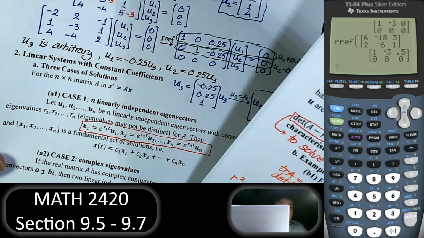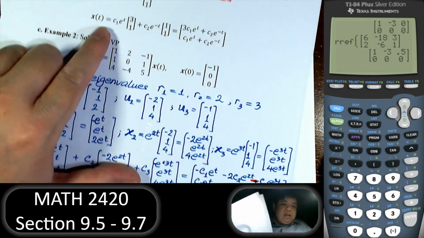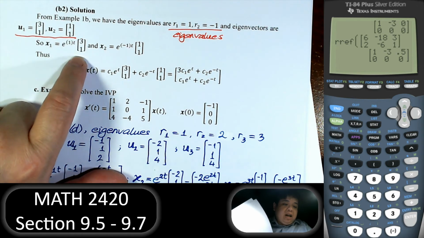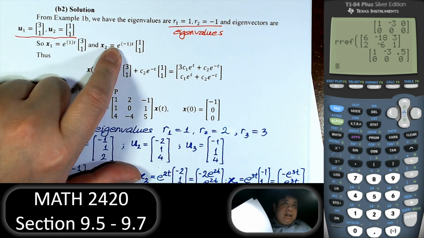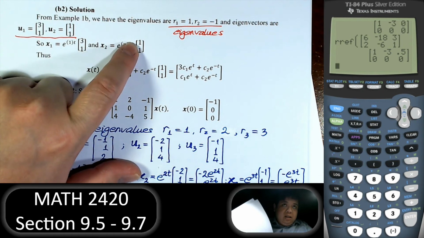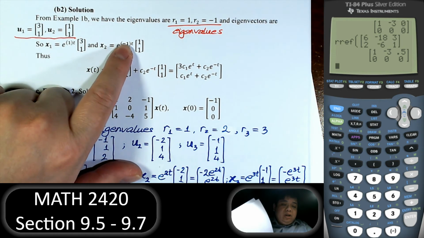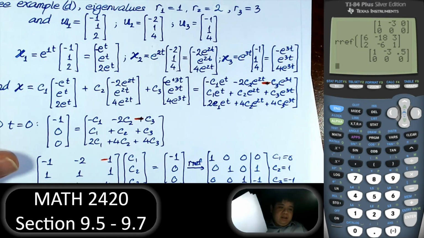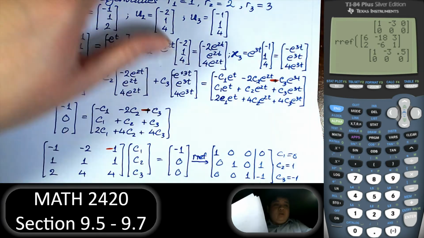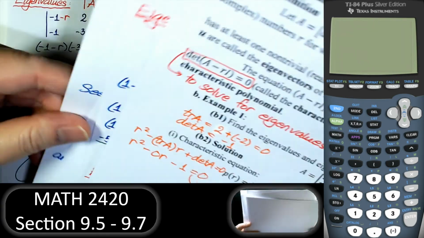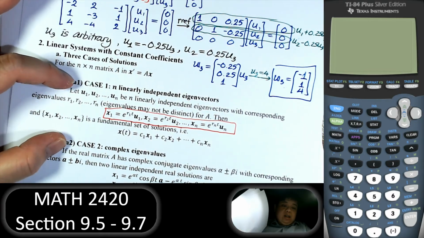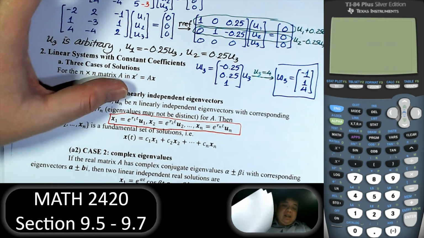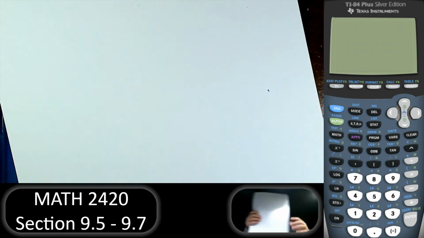In that case, the solution is x1 is e to the eigenvalue times t, times the eigenvector, x2 is e to the eigenvalue t times its eigenvector, and so on: x1, x2, x3. Once again, on the final, you only see this case number 3, where we have linearly independent eigenvectors.